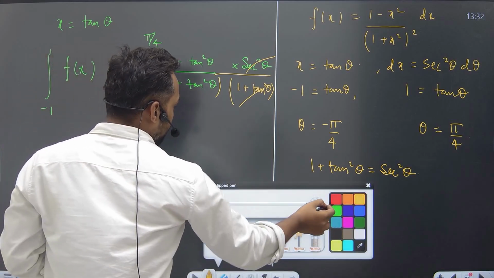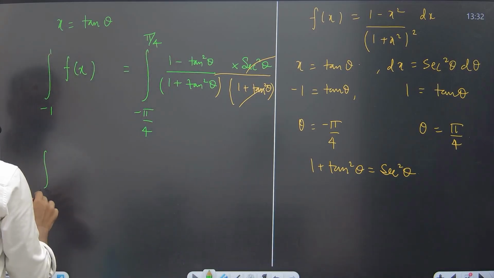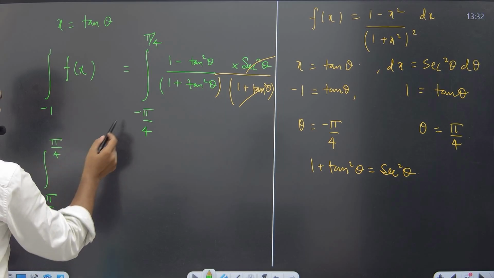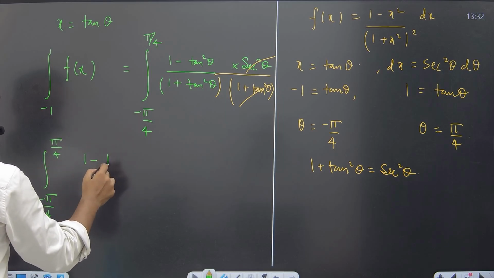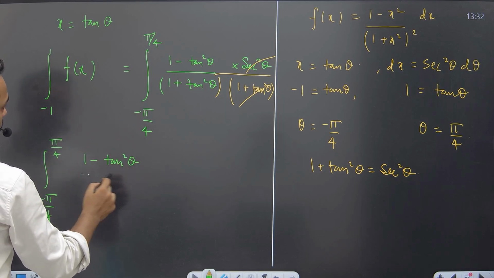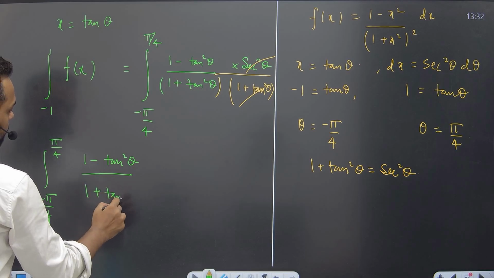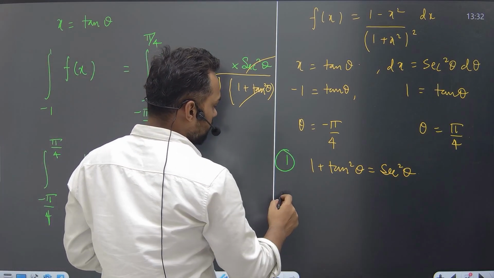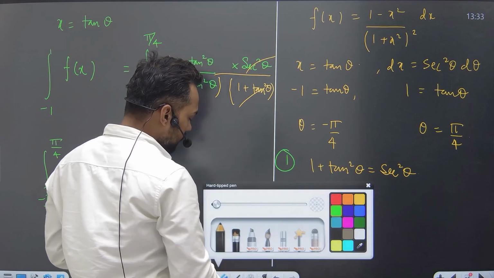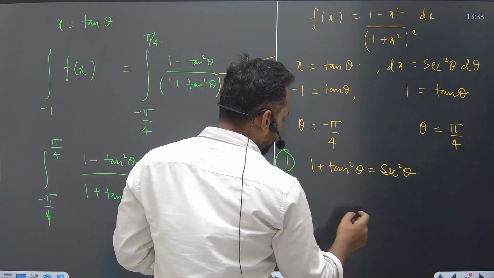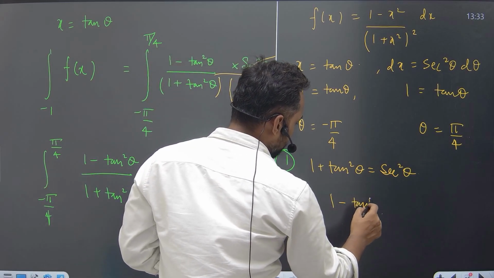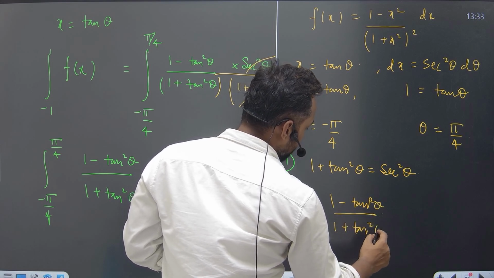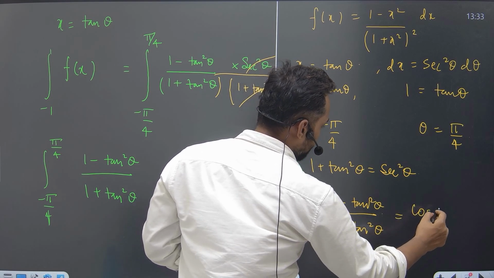So what will be the left out value, student? It will be minus pi by 4 to pi by 4, and in the brackets you will get (1 minus tan square theta) upon (1 plus tan square theta). This is the second identity we will be using here. We know that 1 minus tan square theta upon 1 plus tan square theta is equal to cos 2 theta.